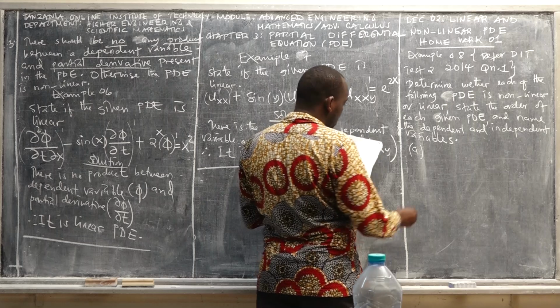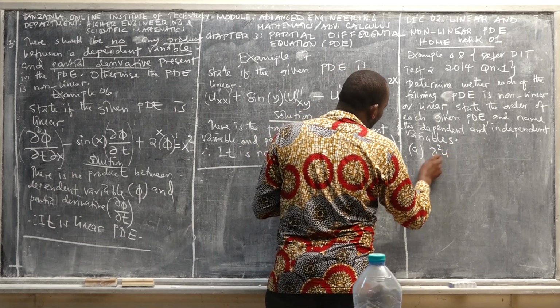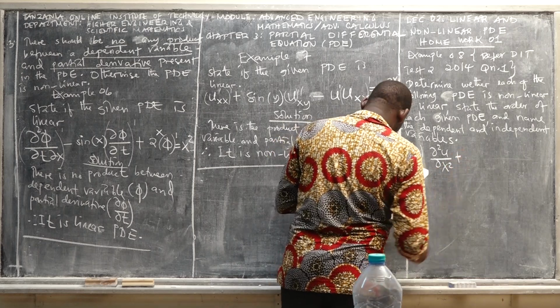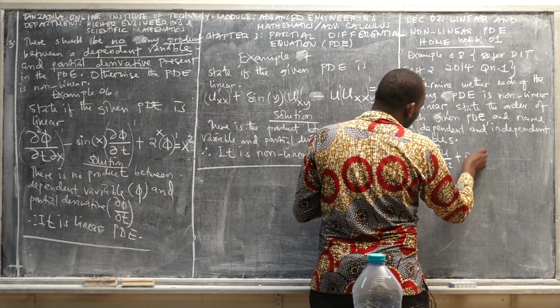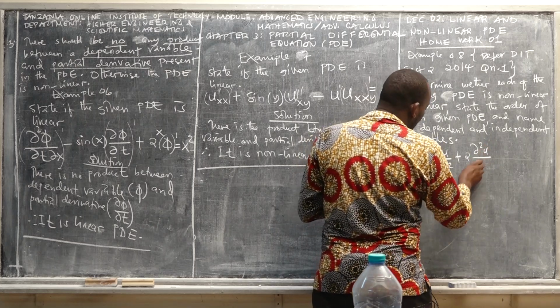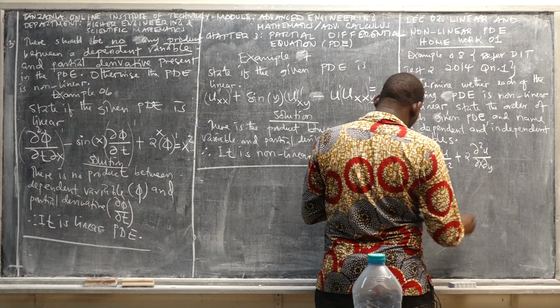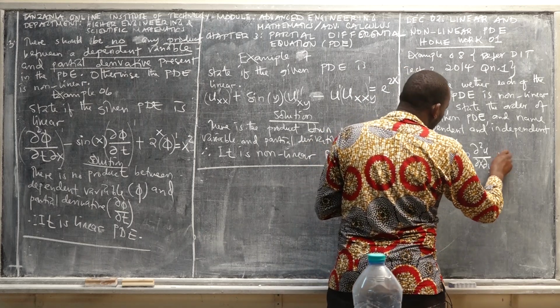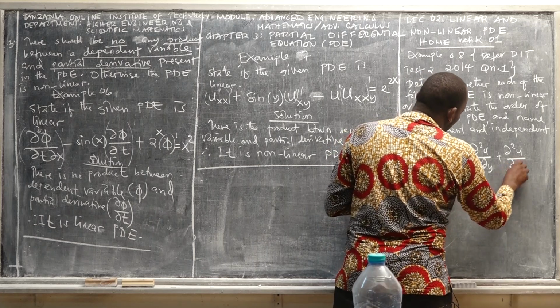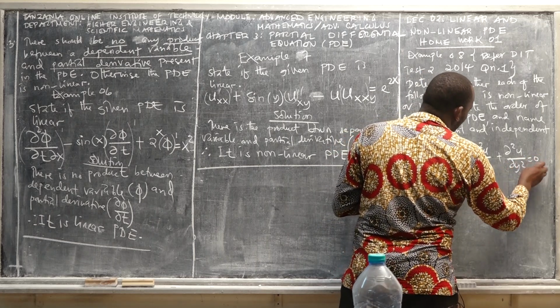So, (a) partial derivative of u with respect to x plus 2 times the second partial derivative of u with respect to x and y plus the second derivative of u with respect to y is equal to 0.